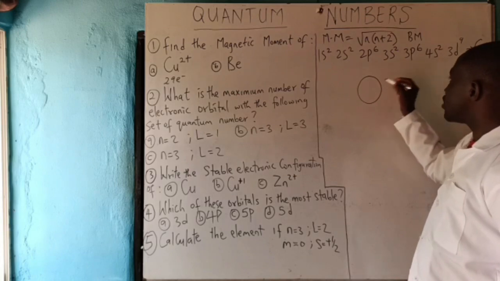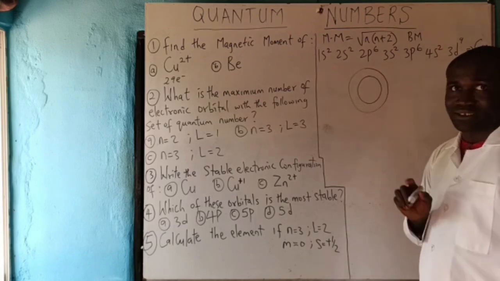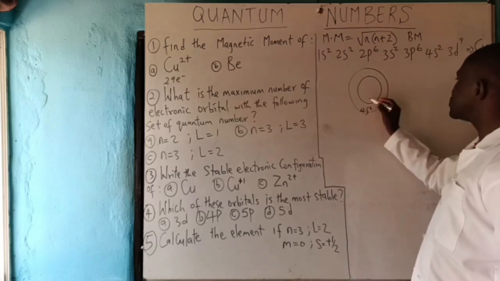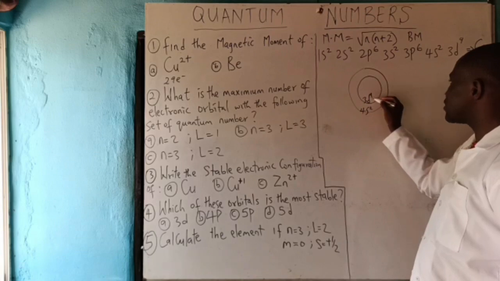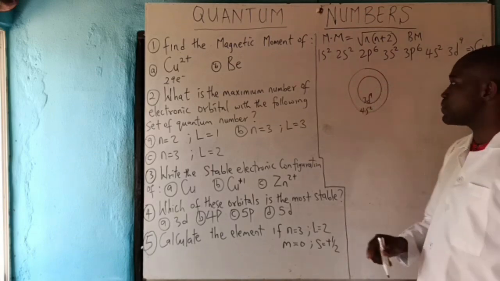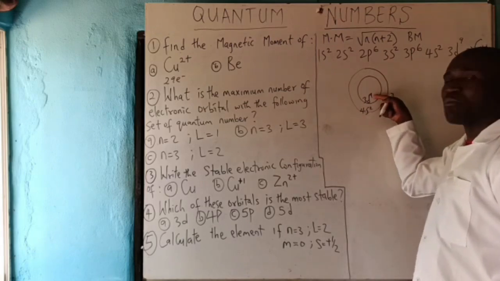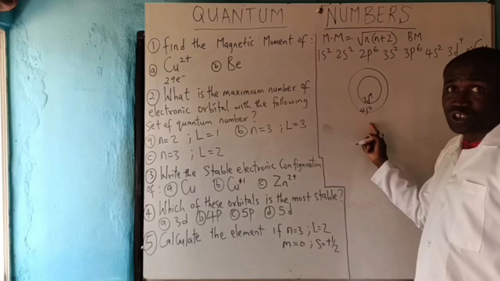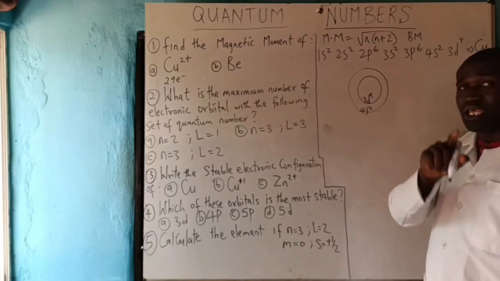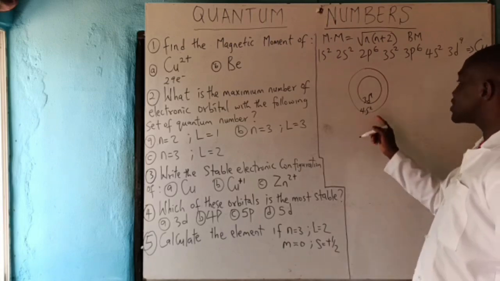Now if this is your third shell and this is your fourth shell, for instance, this is your 4s2 and this is your 3d9, because the third shell must be inside the fourth shell. Now I want to ask, should the electron leave from the innermost shell or from the outermost shell? You and I believe that electrons always leave from the outermost shell. So what is your outermost shell?